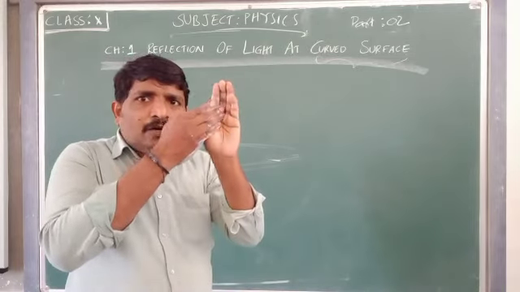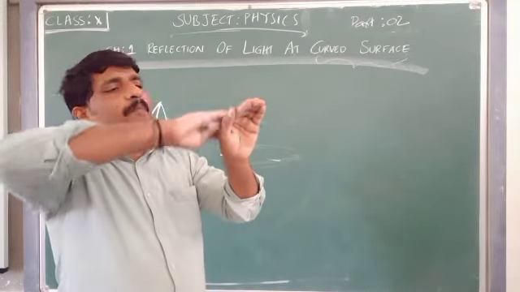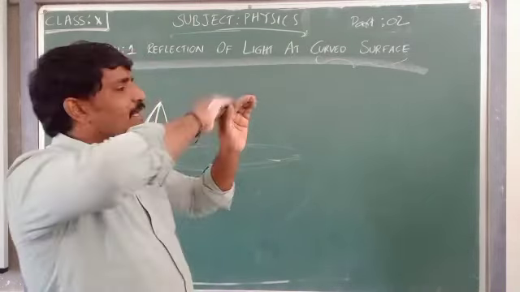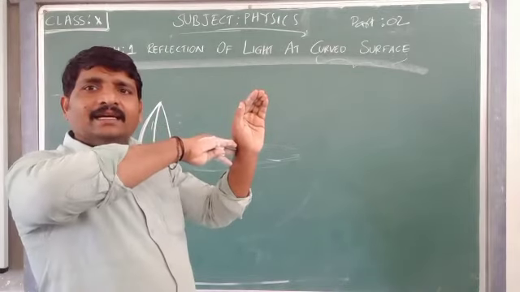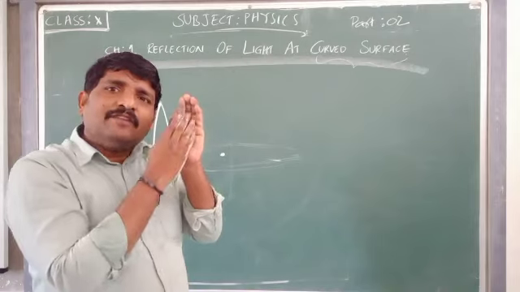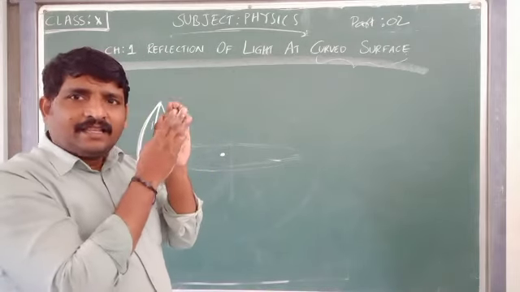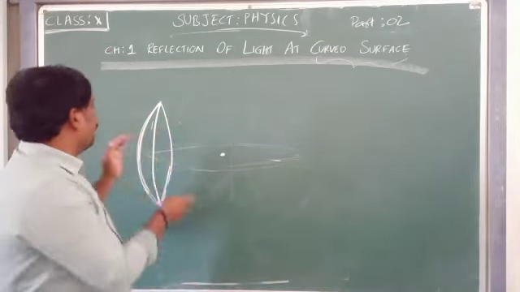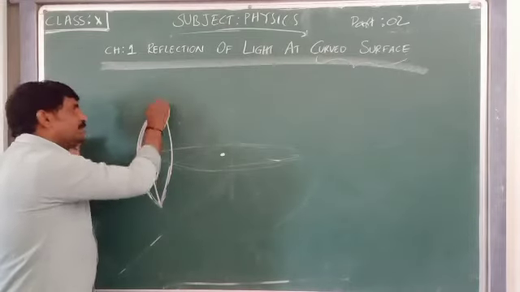If I coat aluminium or silver on the top and seal it from the top, the inward surface will be the reflecting surface. As it is a curved one, it's not a plane surface.